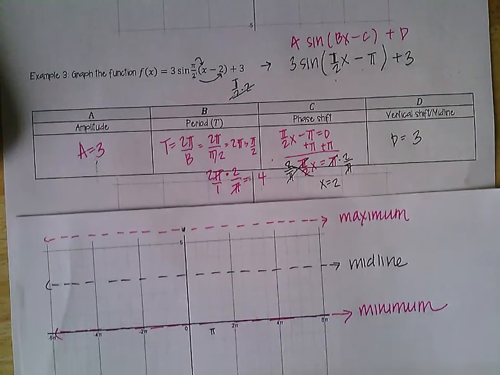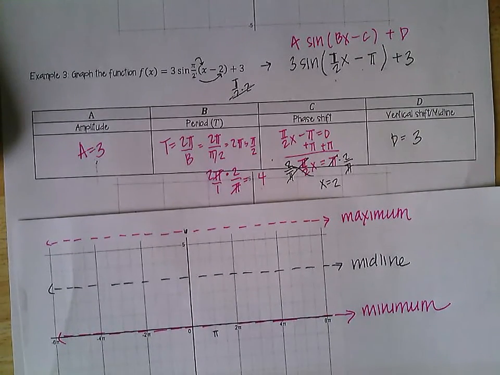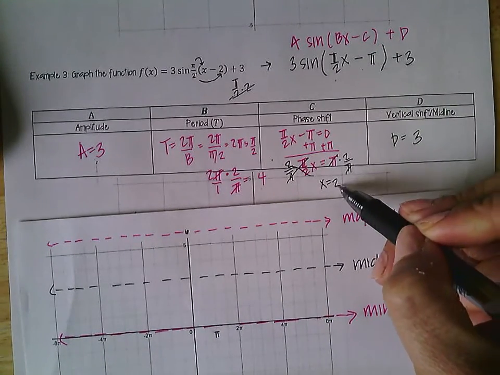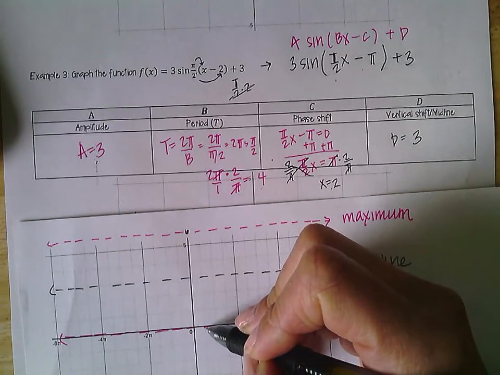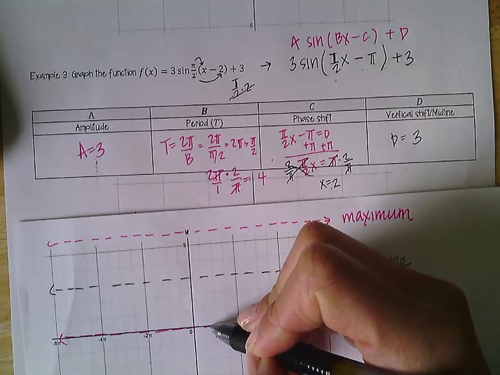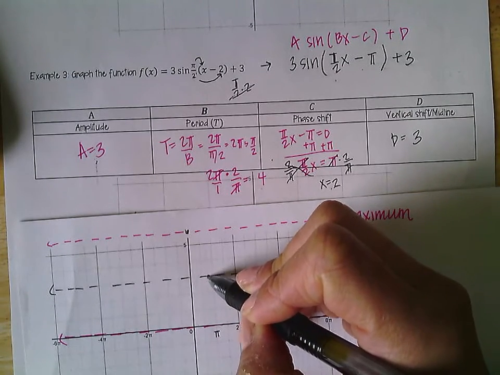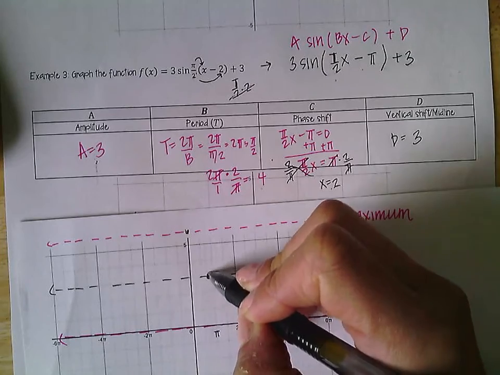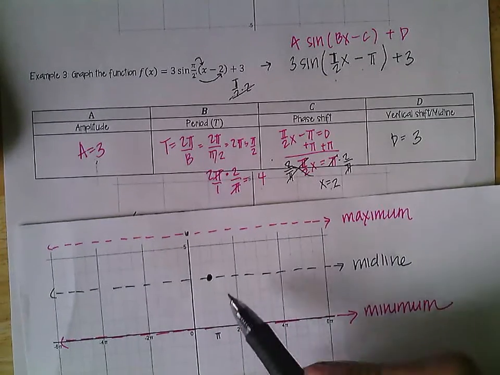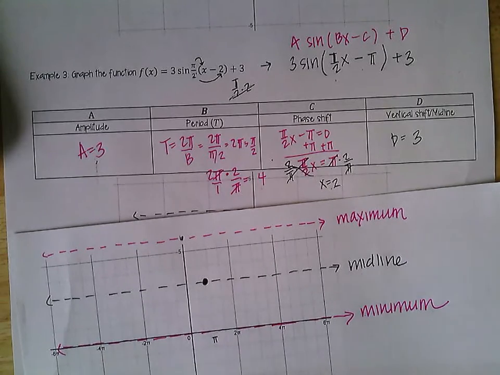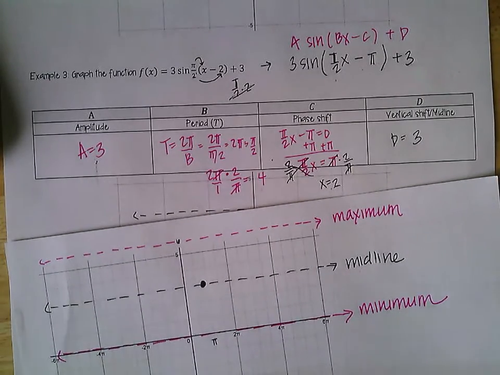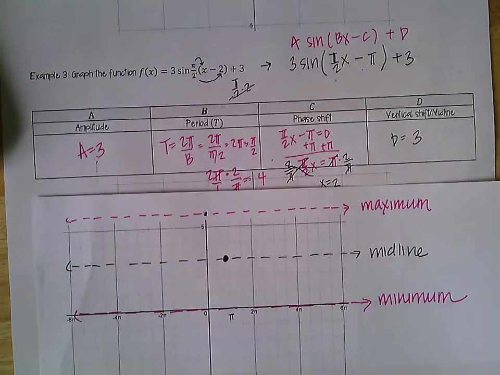So now you're kind of estimating your graph, which is completely fine. So our phase shift is at 2. So I'm going to go ahead and put 2 right here. And I'm going to plot it on the midline because that's where our graph is going to start. And it is going to take 4 units for it to complete 1 full cycle.